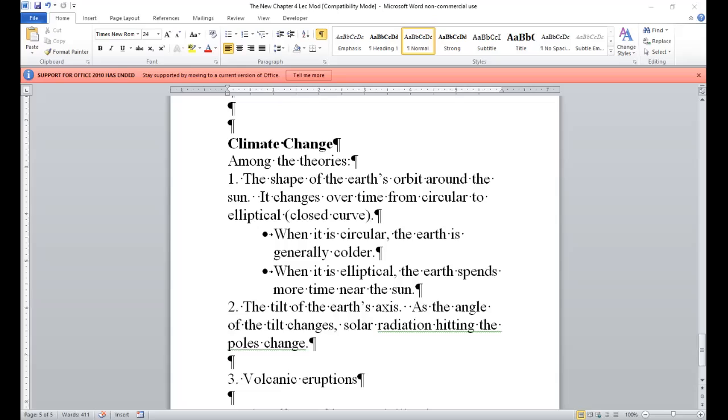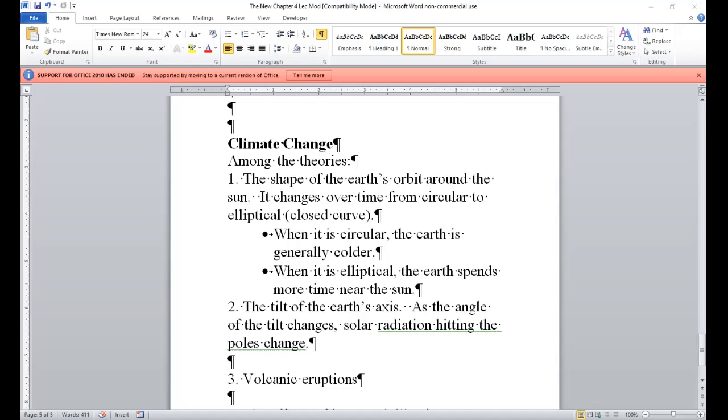A number of theories of climate change have been put forward: the cyclical change of the Earth's orbit around the sun, the changing tilt, the effects of volcanic eruption, and the effects of human civilization.